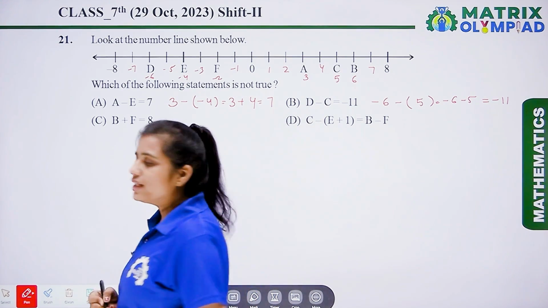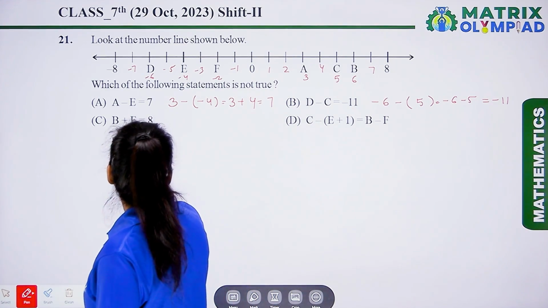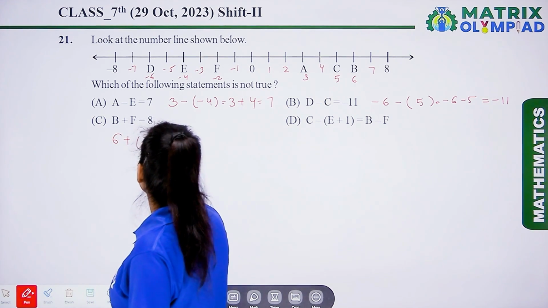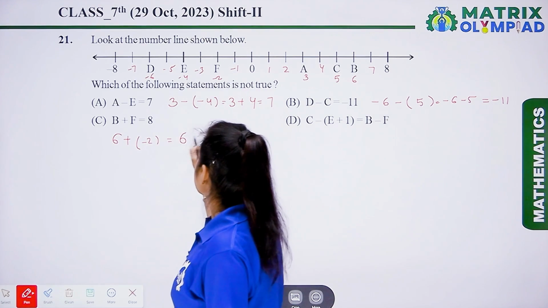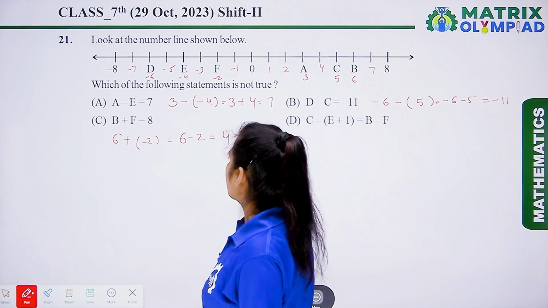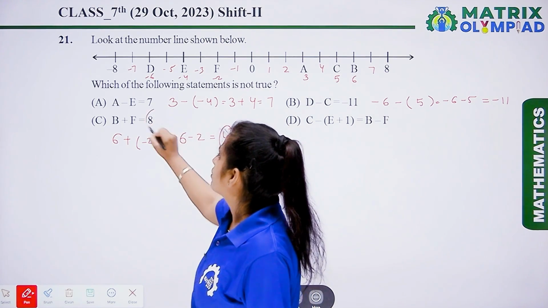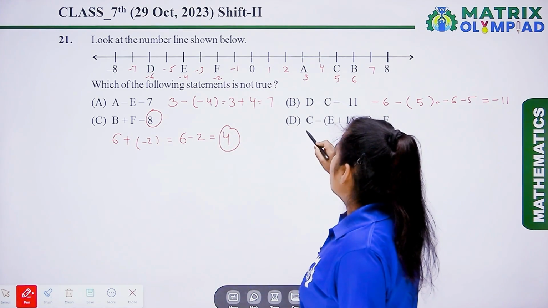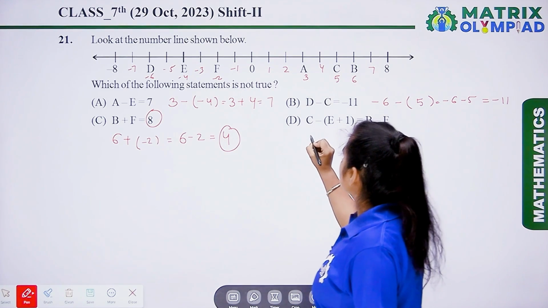Now option C is B plus F equal to 8. The value of B is 6 plus the value of F, which is minus 2. That is equal to 6 minus 2 equal to 4. So the answers are different. Let's solve the last option D also.